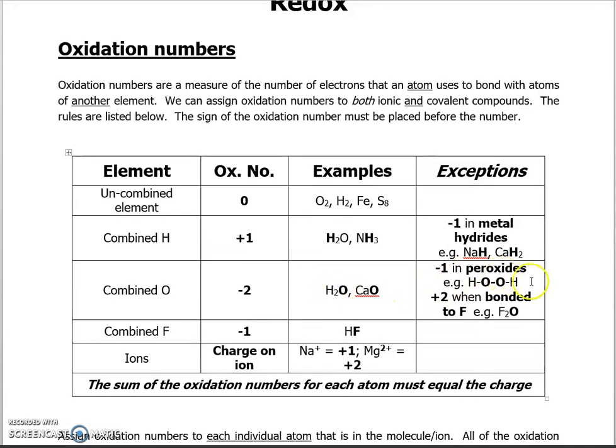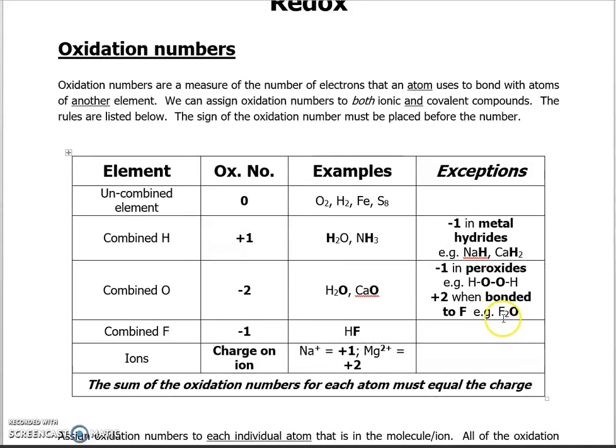There are 2 exceptions we need to be aware of. The first exception is in peroxides, where there's an oxygen-oxygen bond, but each oxygen is bonded to a hydrogen, and this means that each oxygen atom has an oxidation number of -1. Examiners like to use that because they're trying to catch you out.